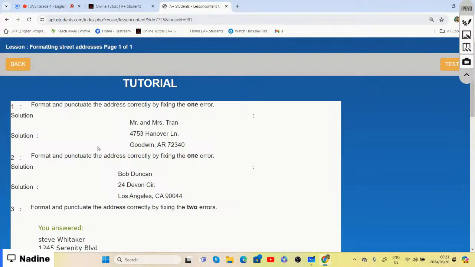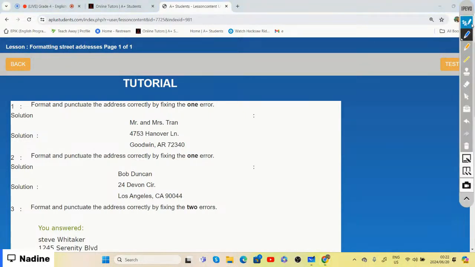So within the example address, or the activity that is given to us, there is one error that we're going to have to fix. The first one says Mr. and Mrs. Tran, and that is correct, because on the first line we have the recipient, who is receiving the package, right?